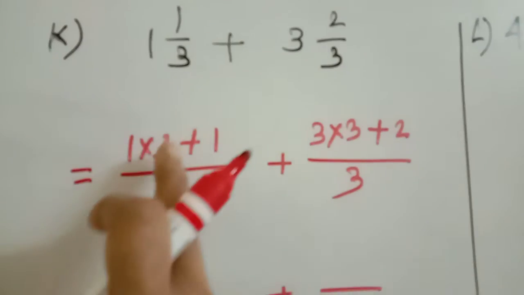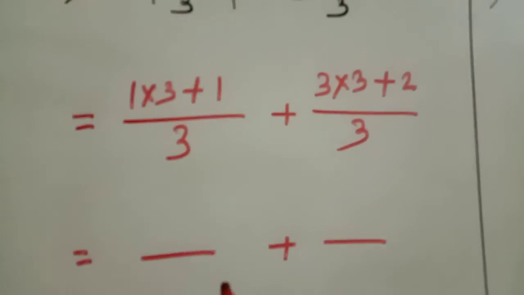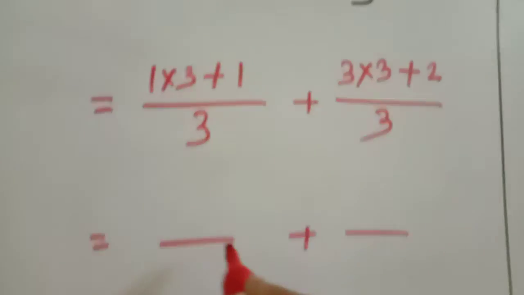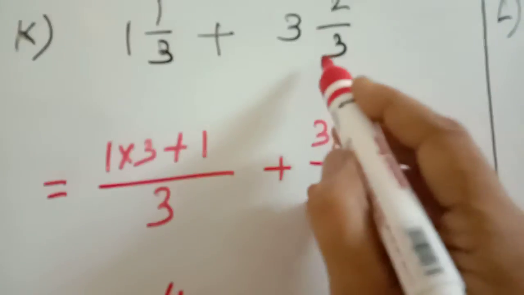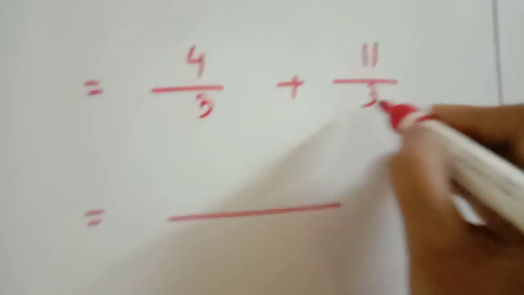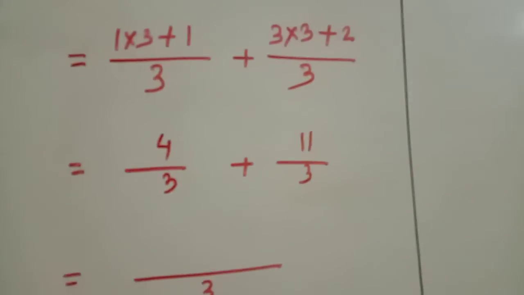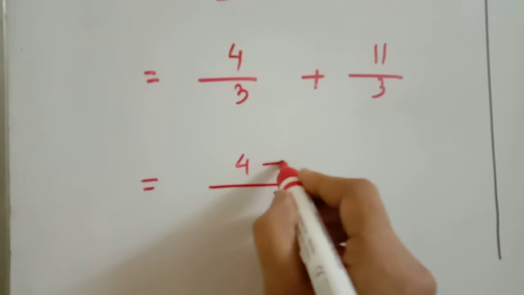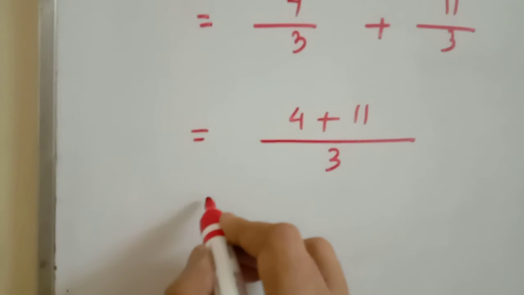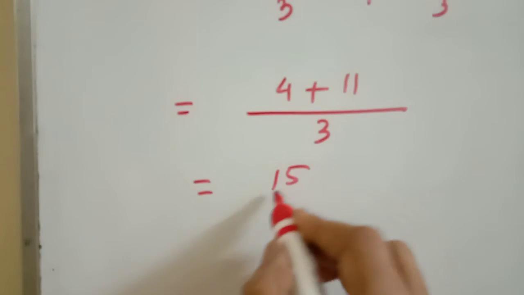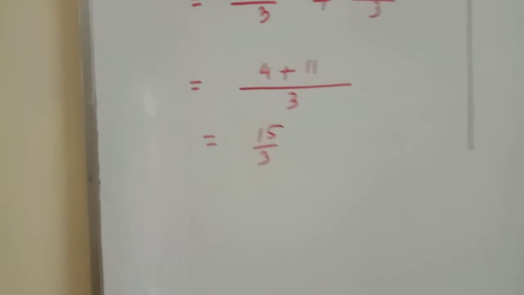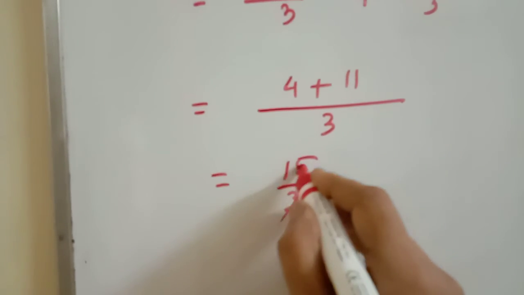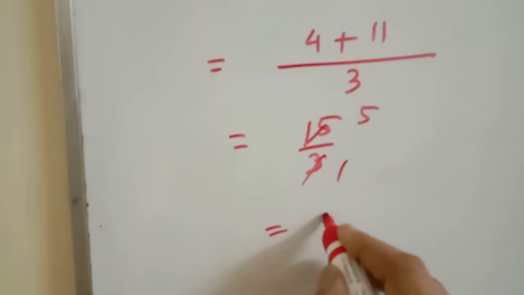So 3 1s are 3 plus 1, that means 4 by 3. 3 3s are 9 plus 2, 11 by 3. Both the denominators are the same, so 4 plus 11, you are getting 15 by 3. See, here you can cancel, 3 1s are 3, 3 5s are 15, so the answer is 5.